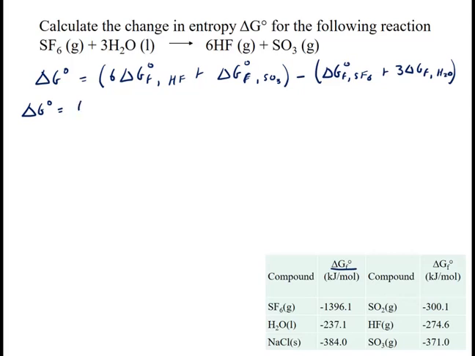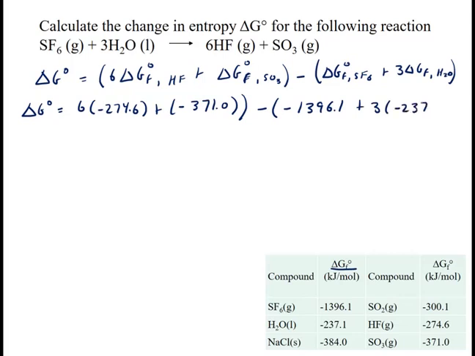So I have 6 times a negative 274.6 plus a negative 371.0 minus a negative 1396.1 plus 3 times a negative 237.1. Again, these are all values from this table.